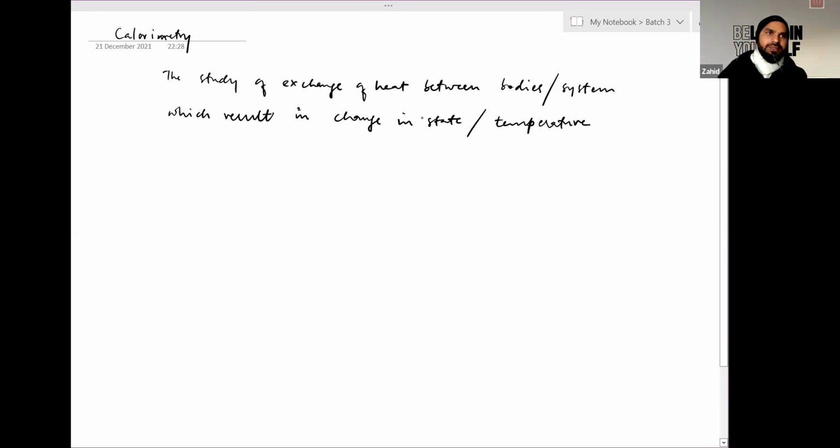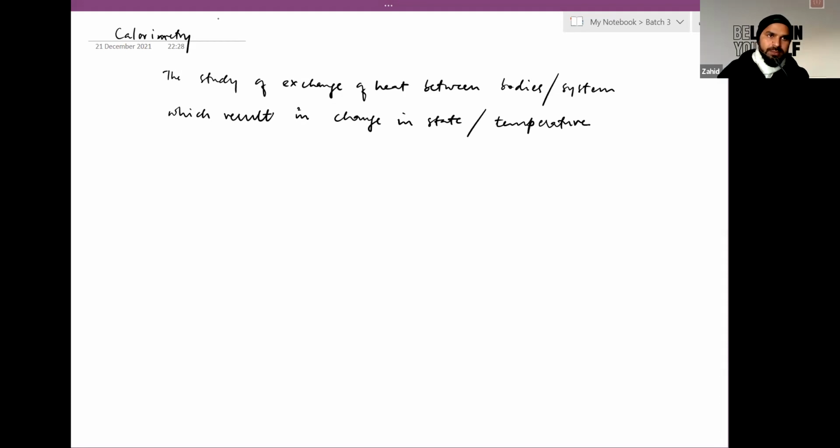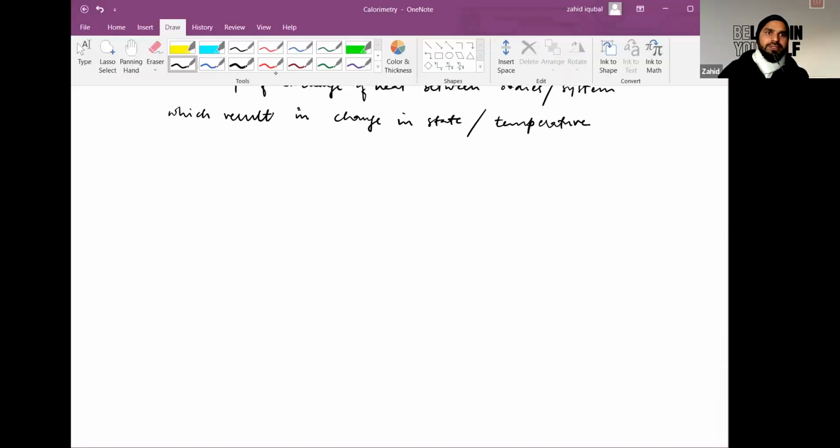It is mainly based on conservation of energy.